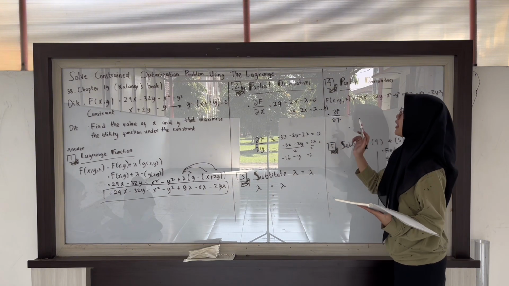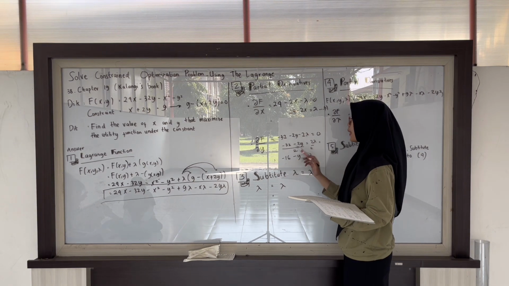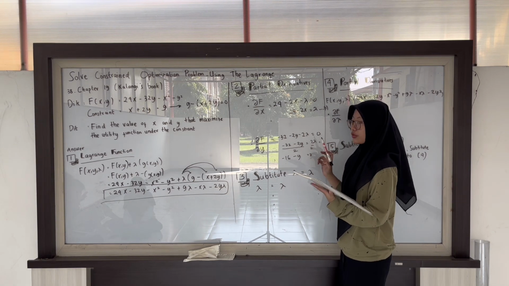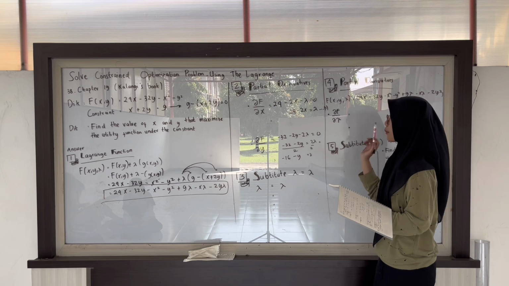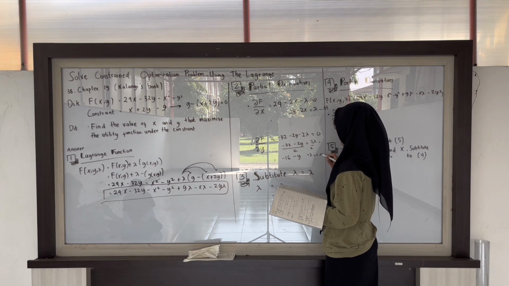Then the partial derivative with respect to y gives minus 16 minus y equals lambda, and this is equation 2.